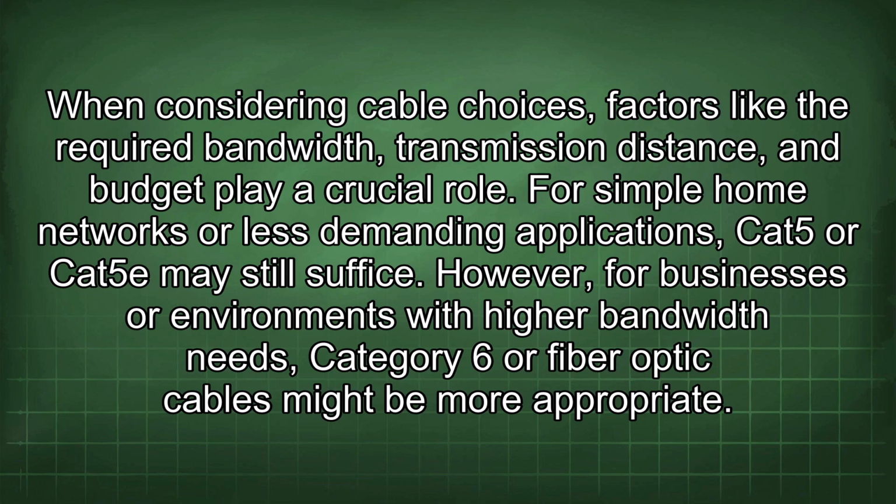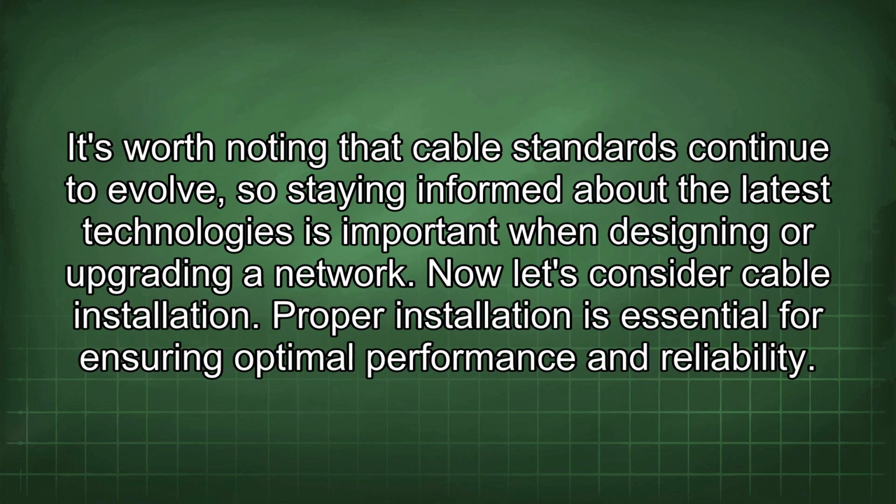For simple home networks or less demanding applications, Cat5 or Cat5e may still suffice. However, for businesses or environments with higher bandwidth needs, Category 6 or fiber optic cables might be more appropriate. It's worth noting that cable standards continue to evolve, so staying informed about the latest technologies is important when designing or upgrading a network.